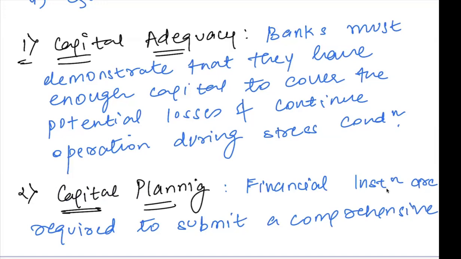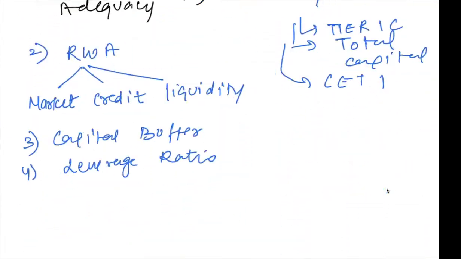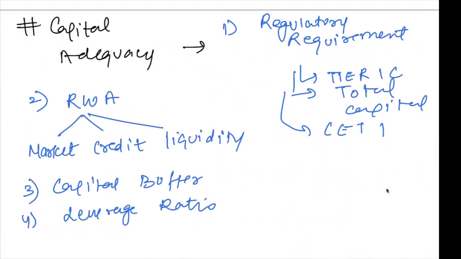They want you to understand what the complete life cycle looks like. It's very good if you know the regulatory ratios, tier 1 ratio, tier 2 ratio, the different risk weighted assets, and the concept of capital buffer and leverage ratio. All these are very important.